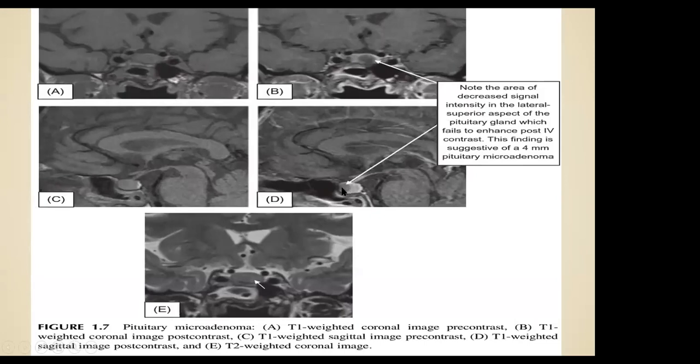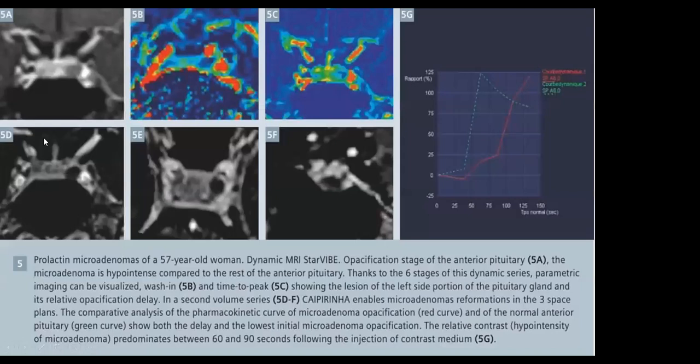And this is the new technique of the Star VIBE MRI dynamic scan for the pituitary gland. As you see here, this is the microadenoma, and this is time to peak showing the pituitary microadenoma. This is a delayed enhancement, and this is the normal enhancement.